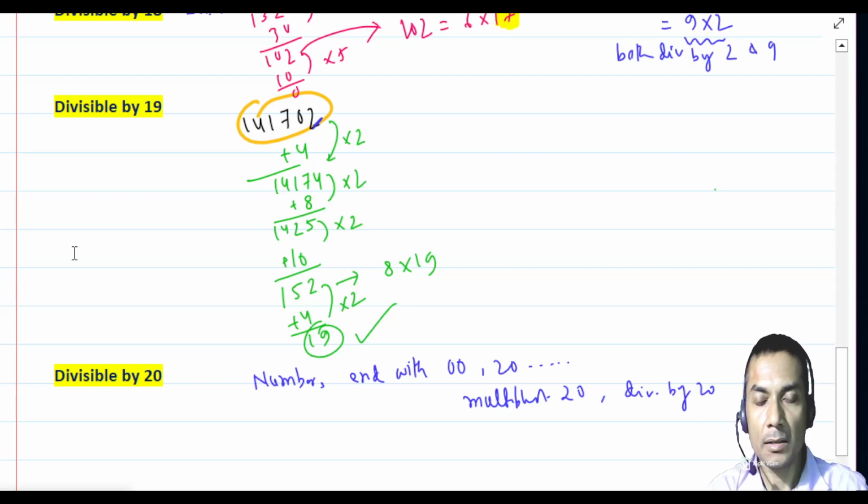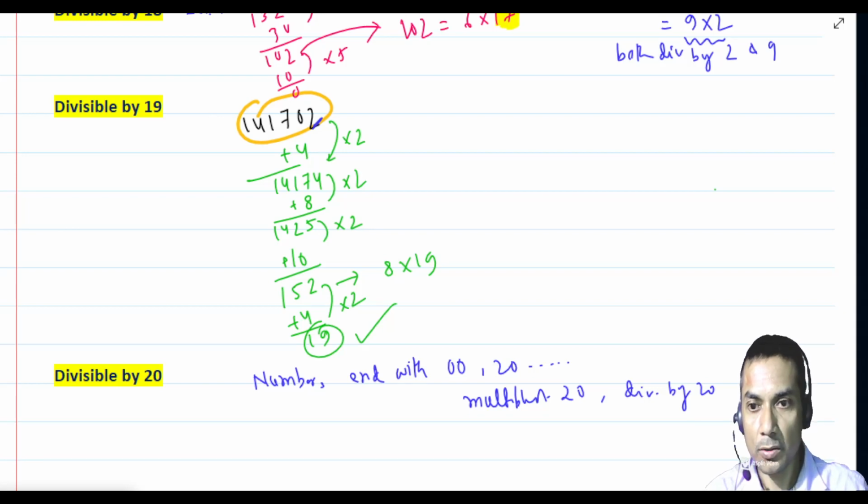For example, 456 into 20 is equal to 9120, so 9120 is divisible by 20.